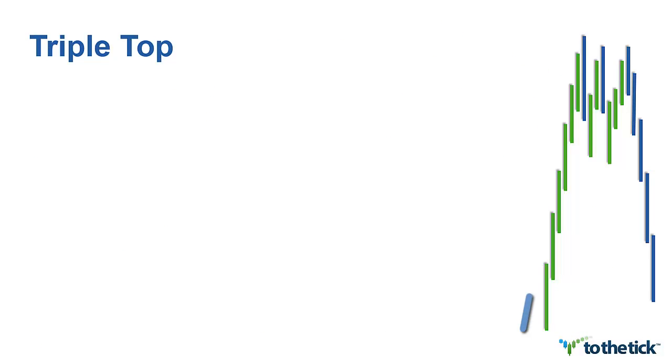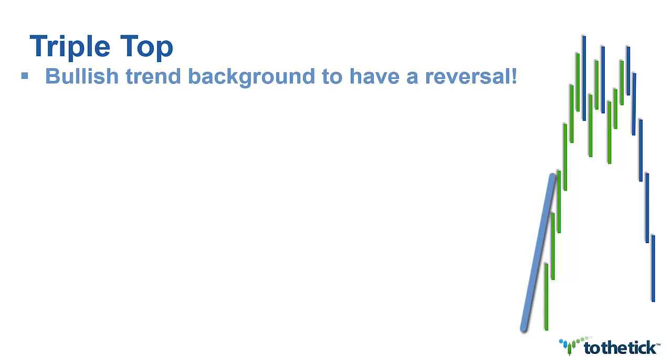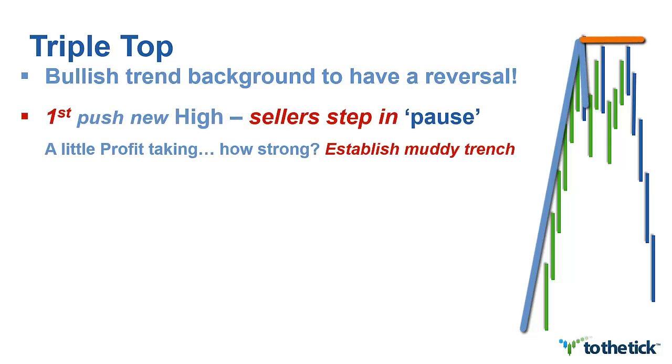I want to do a nice little summation here and understand that to have a triple top, it's a reversal pattern. We have to have something to reverse, and it's a bullish trending background that kicks this pattern off. First big push into a new high, there's enough sellers that step in. That's the definition of resistance, and they create a pause in the advancing action.